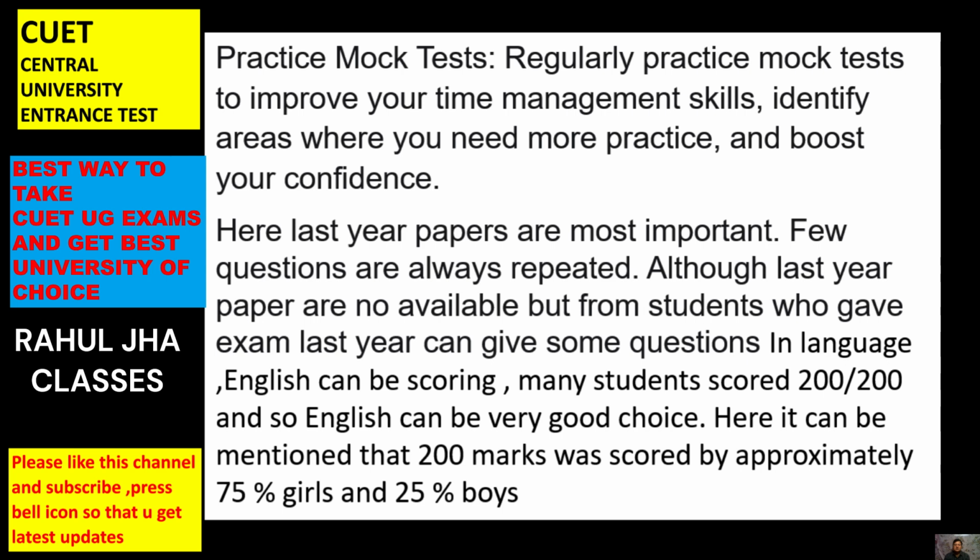That means that the performance of girls in English has been better than boys. But that doesn't mean this situation can't change. Next time a 50-50% ratio can also happen. So there is a chance for everyone to appear and perform best.